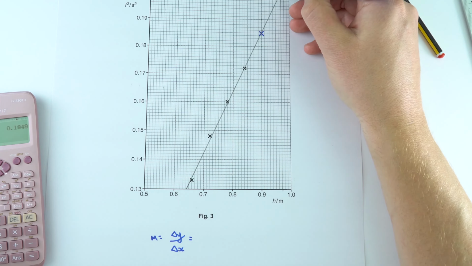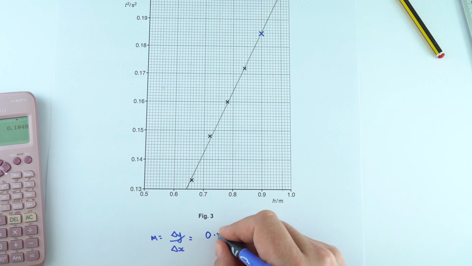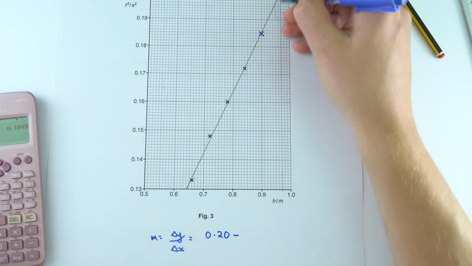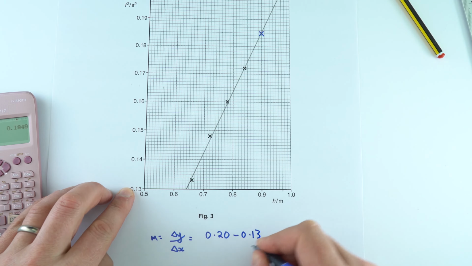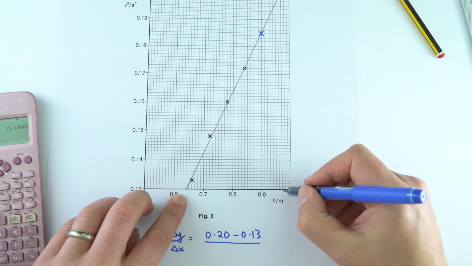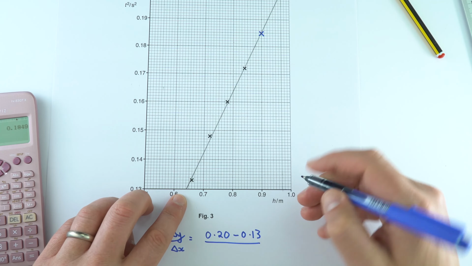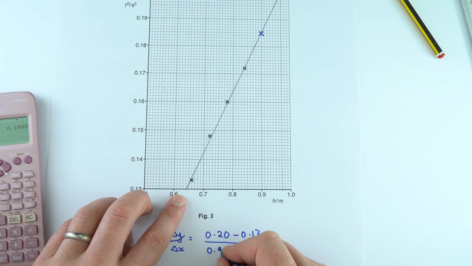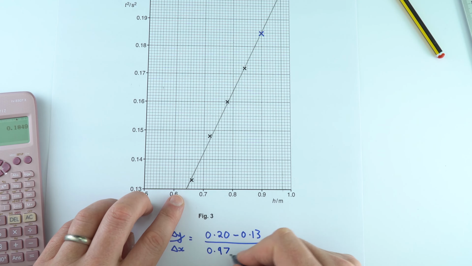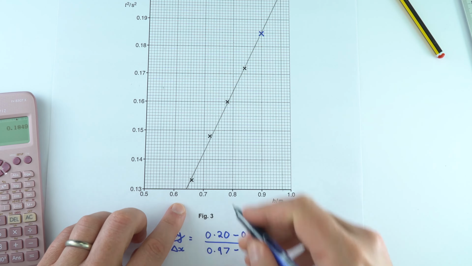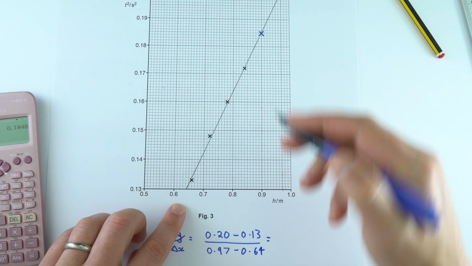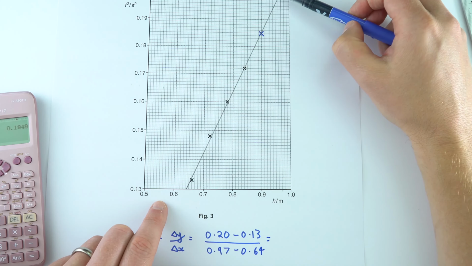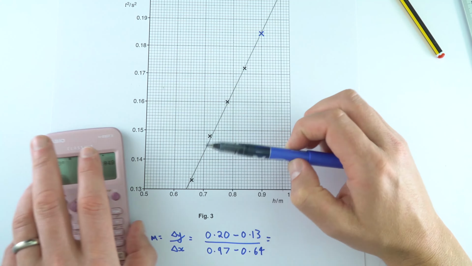So the coordinates up here, the y value is 0.20, and we're going to take away the y value down here, which isn't 0, but it's 0.13, and we're going to divide that by the x value, which is 0.97, and we're going to take away this value here, which is 0.64. It's worth taking time to make sure you've got the right coordinates here.